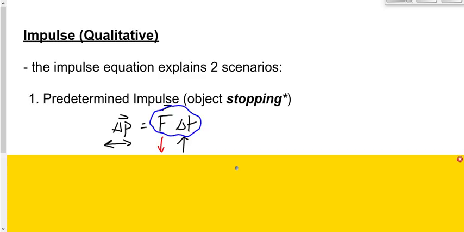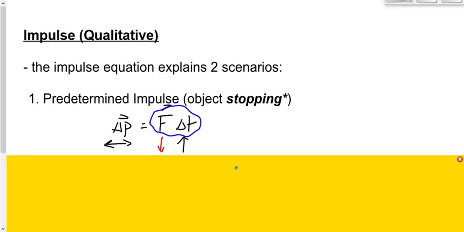This is one of the basic principles behind every single thing in the world that cushions an impact. There are sometimes other principles involved as well, but this is one of them involved in everything, from the airbag to the crumple zone of the car, to the bending the knees when you jump off the desk, to the foam inside of a football helmet or a hockey helmet.